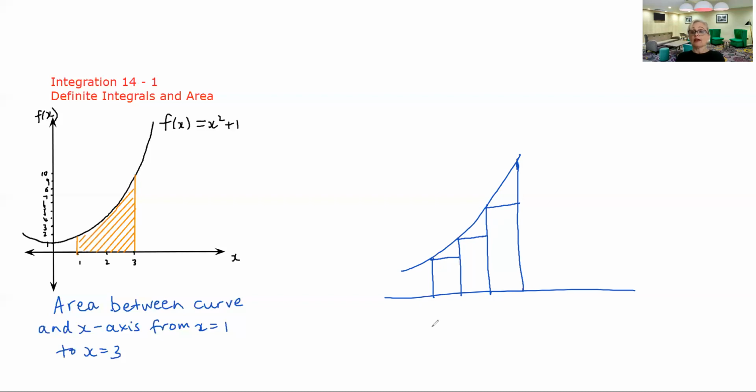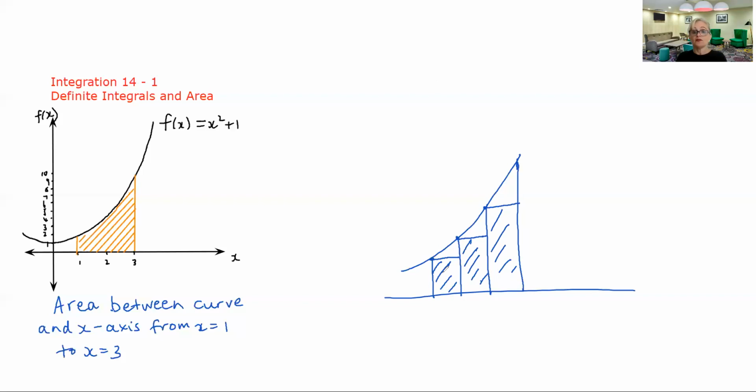So if I work out those areas, I'm doing this width times f at this x value, this width times f at this value, and this width times f at this value, and adding them up. Obviously, in this sort of example, they will be less than the area required.